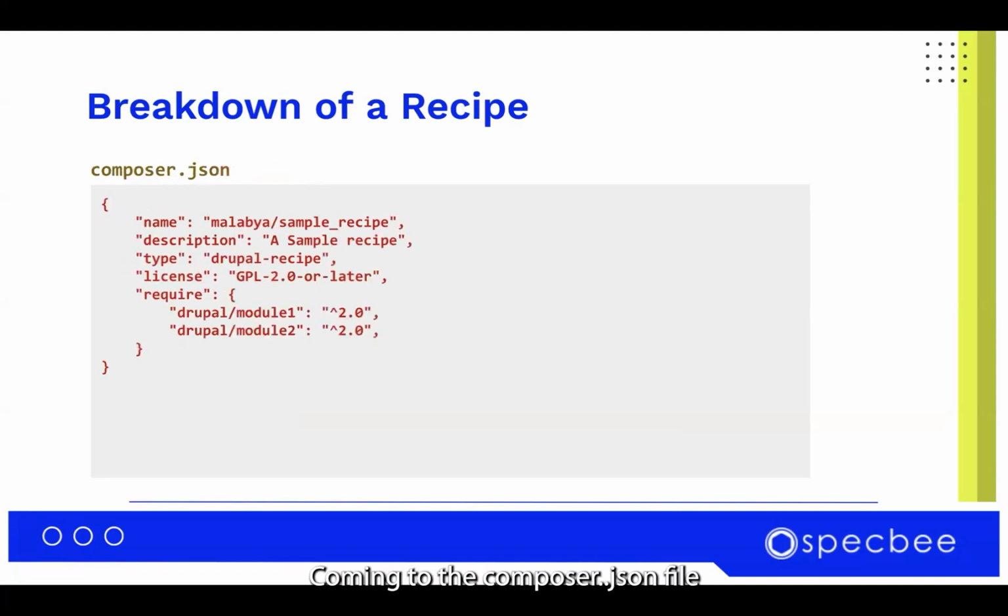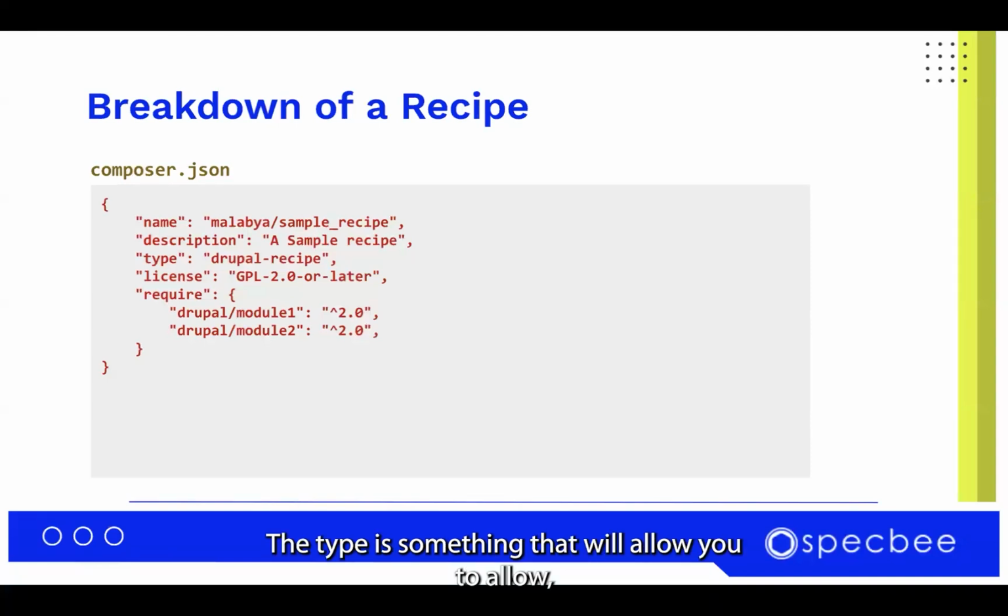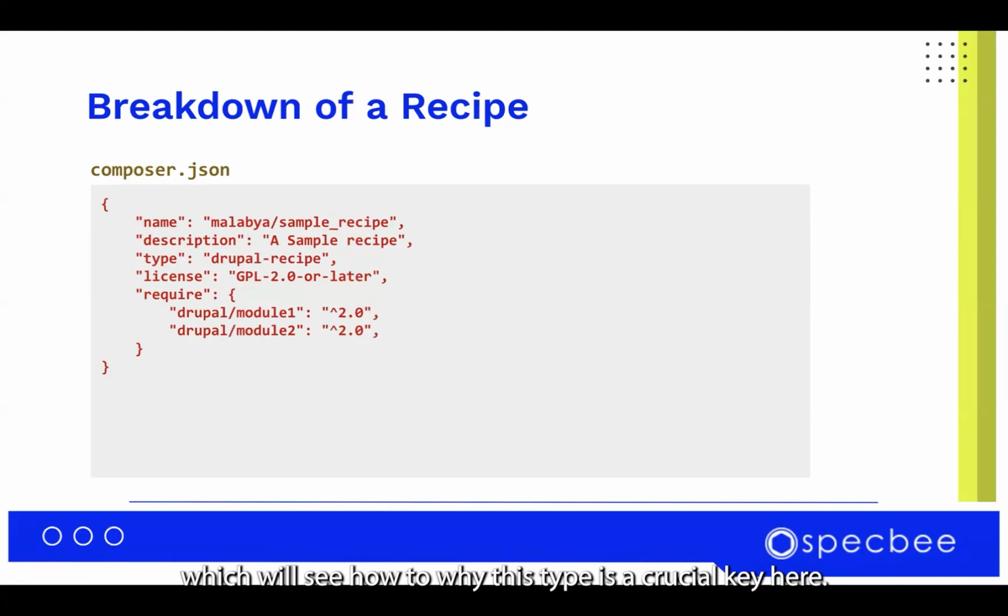Now coming to the composer.json file, as I said, it's a standard composer.json file, where you define the name of the recipe, the package, the description of the package. The type is something that will allow Composer to understand what type of package it is, which is why this type is a crucial key here.